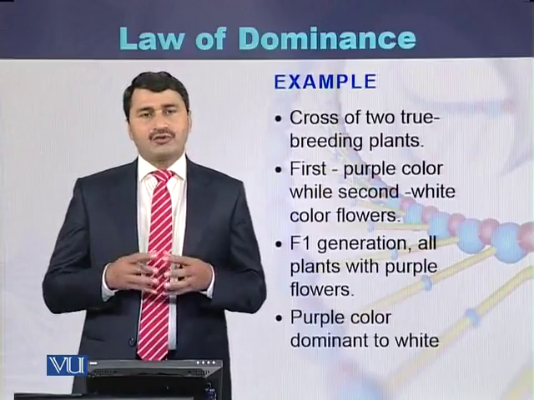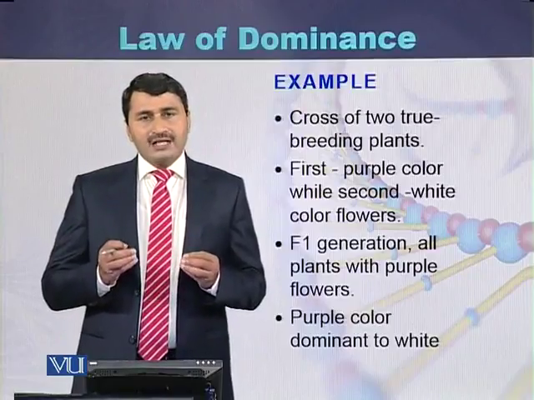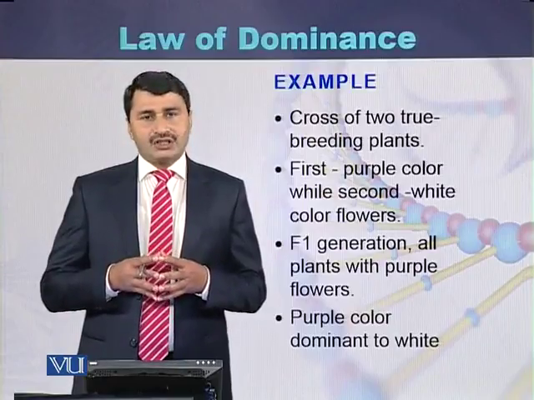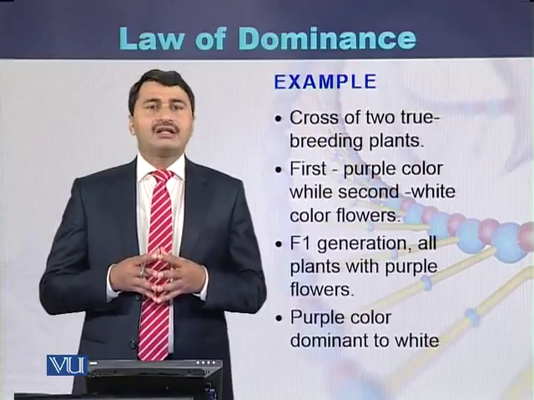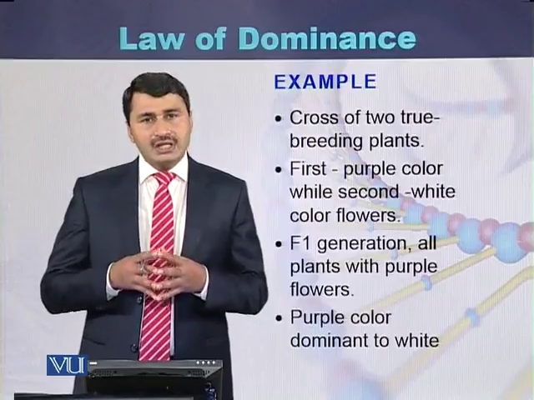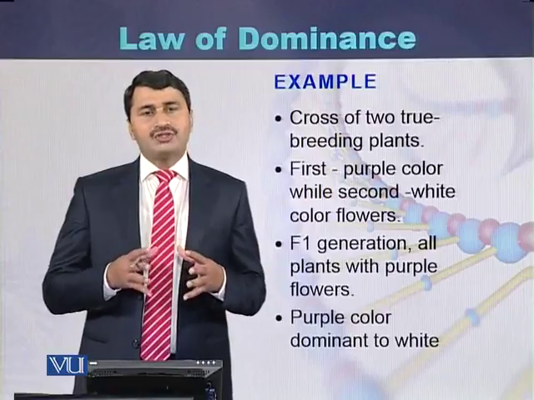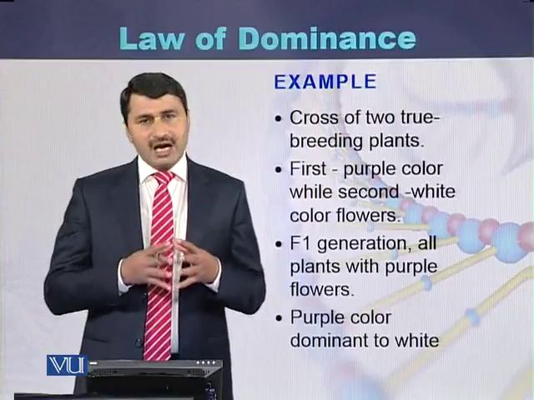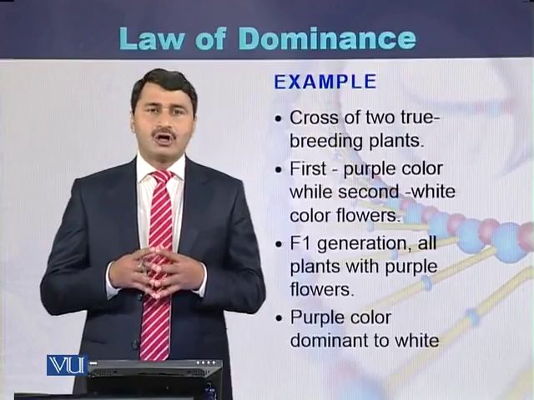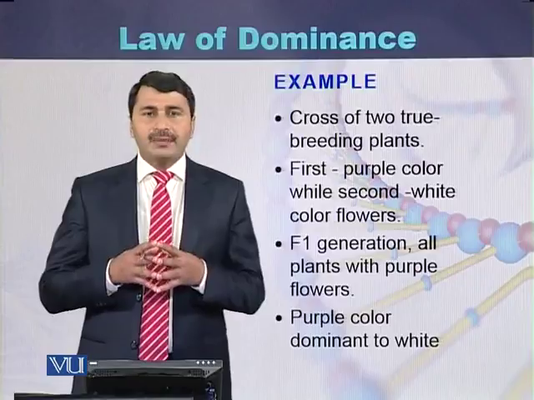If a cross is performed between these two types of plants, in the F1 generation, one of the versions, the white color flower, will disappear. Only plants producing purple color flowers will be produced.